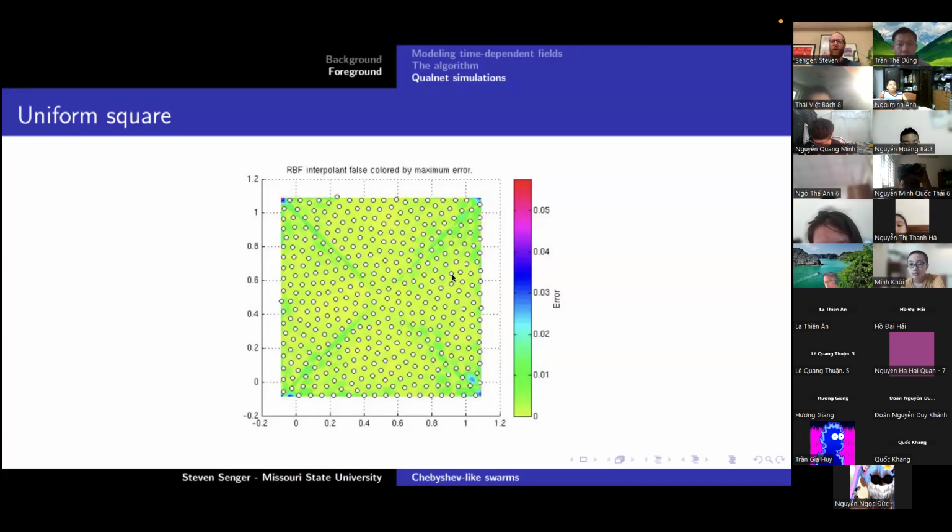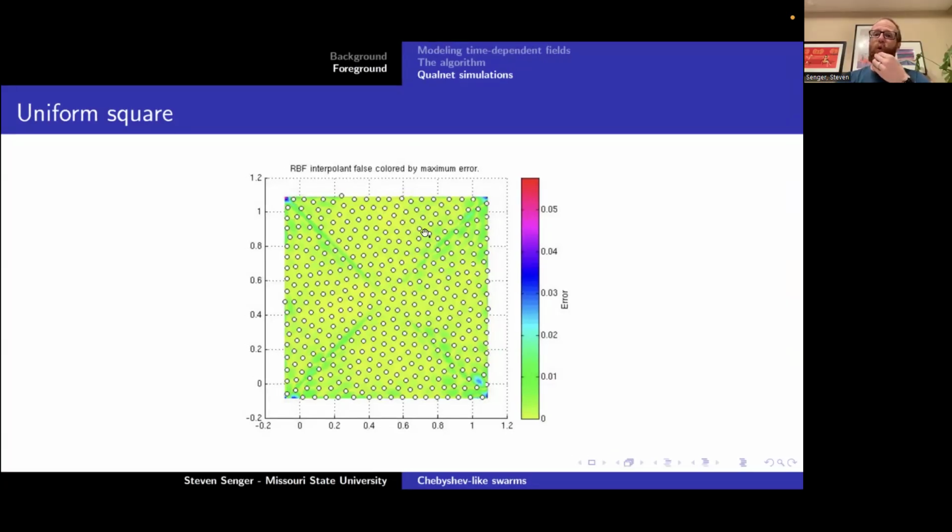And then we have what we call the maximum error. So we're imagining that we have a function that's supported on the square. So it's zero outside of this square and it's non-zero on the square. And we put these swarm robots on it, and then we pretended those swarm robots took samples of that field, and then they reconstructed it using what we call radial basis functions.